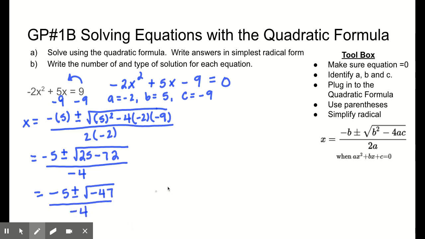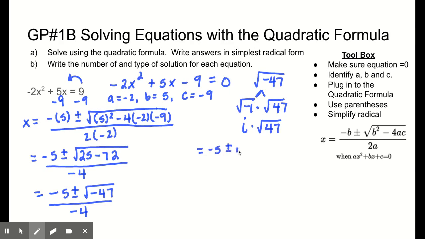And we want to simplify this radical here. So the square root of negative 47 is going to be the square root of negative 1 times the square root of 47. We know that the square root of negative 1 is i, and 47 is actually a prime number, so we are not able to simplify that at all. So when we put this back together, that's going to be negative 5 plus or minus i radical 47 divided by negative 4.